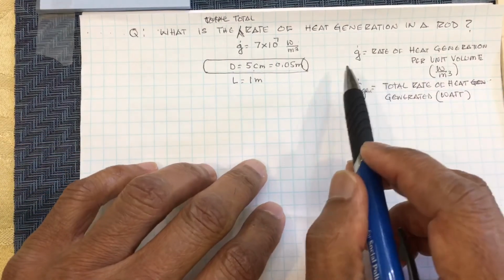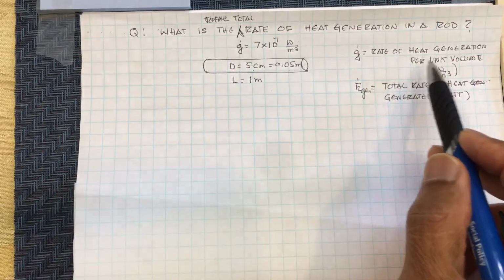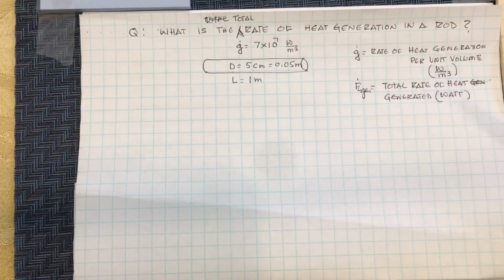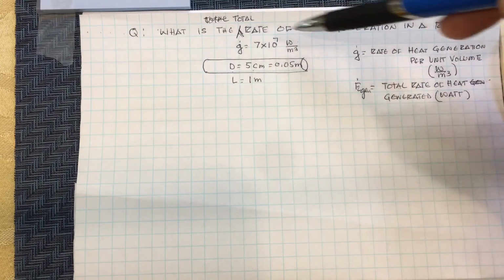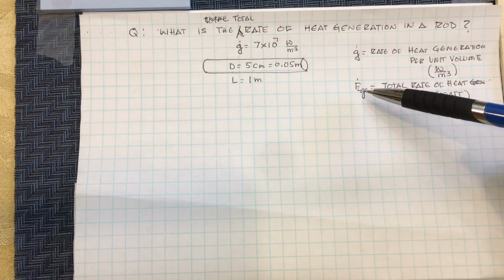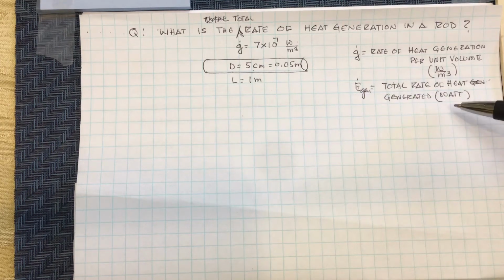First, G dot is given, which is the rate of heat generation per unit volume. But the question wanted the total rate of heat generation, and the symbol for that is E dot generated, in watts.